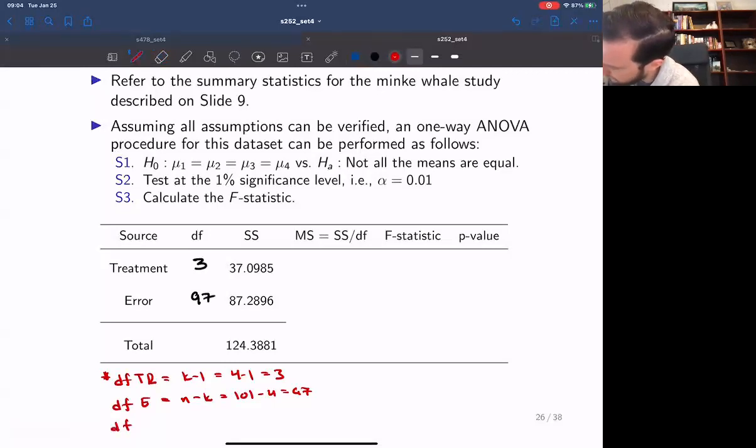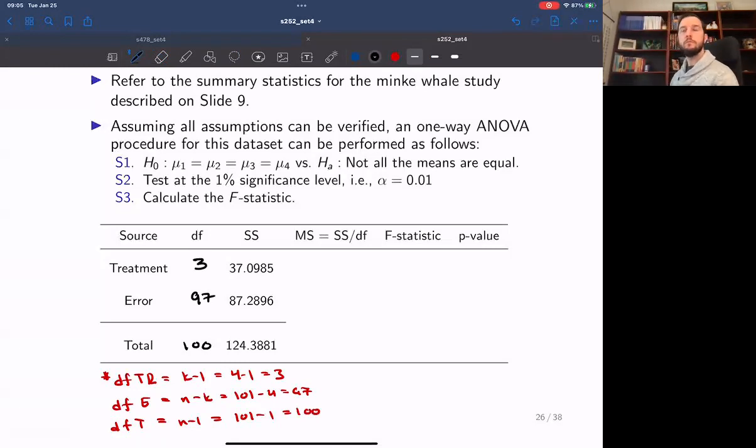And the DF total is equal to n minus 1, which is 101 minus 1, which is 100. Any questions?